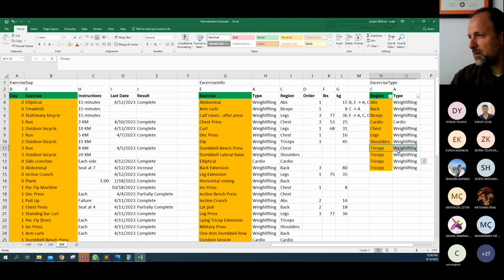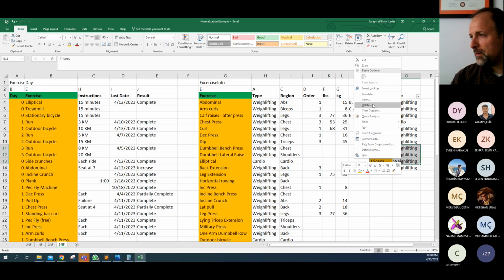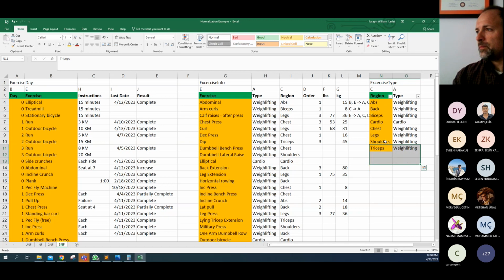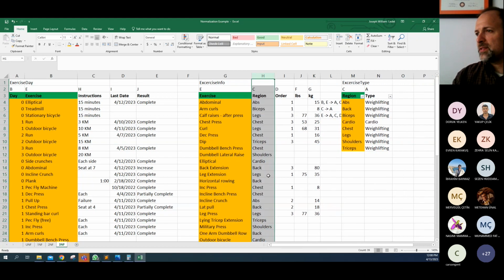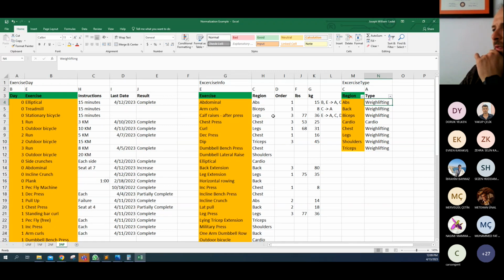And finally tricep here. All right, and we don't need this here anymore, right? We delete this column from there because now in order to find out the type weightlifting, we go through here to there. All right. Was there any other? I didn't see any other.